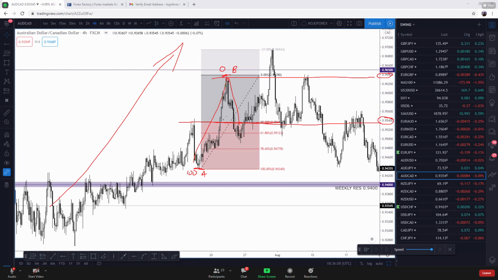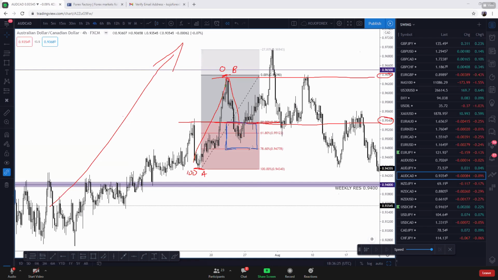So in an uptrend, anywhere beneath this 50%, I start to think of a possible push on the upside again. Not from this region though, but from here. Look at it clearly. From here, from the 50% all the way into the 78.6, right?